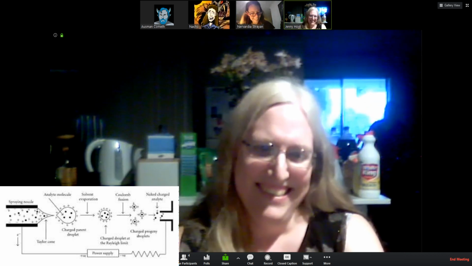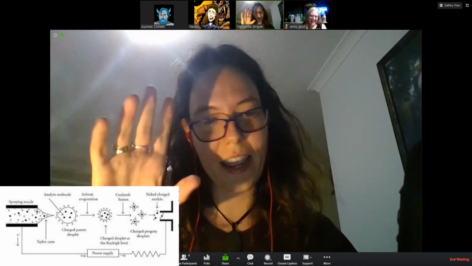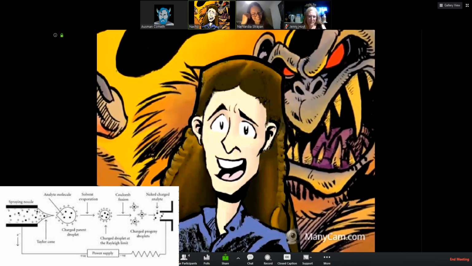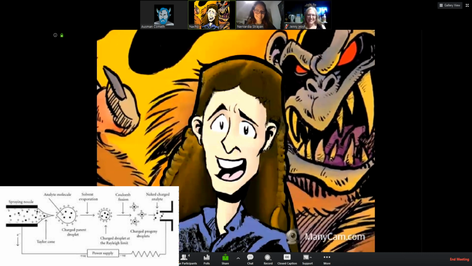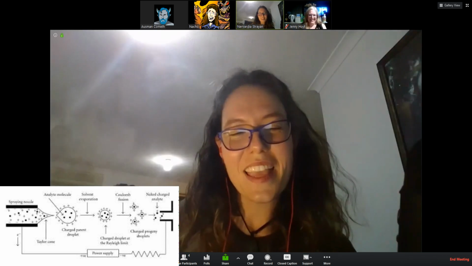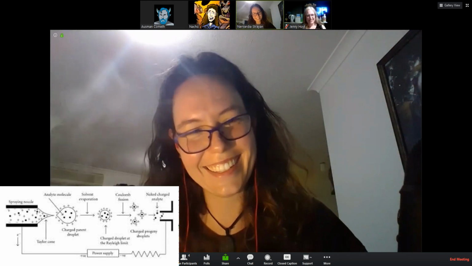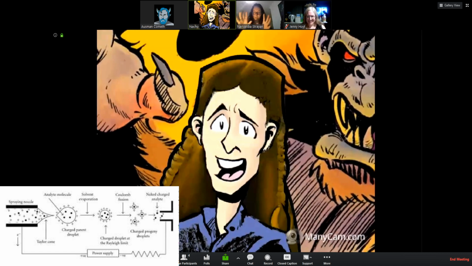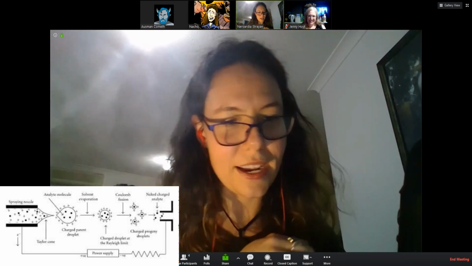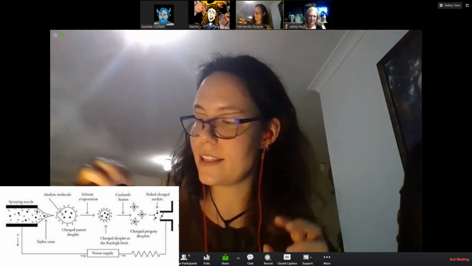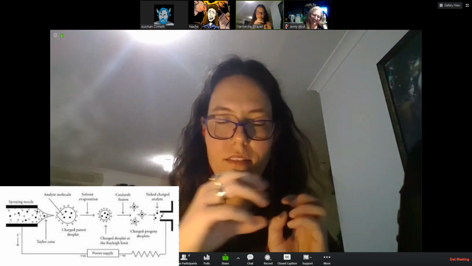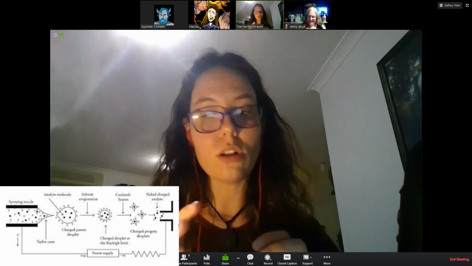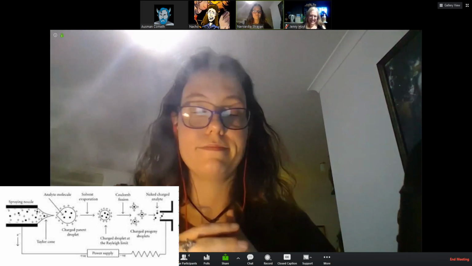So basically what's happened is that there's a spray. It's an analytical spray, yes, and basically it's charged and it gets sucked into the machine, and what happens is that the solvent disappears.